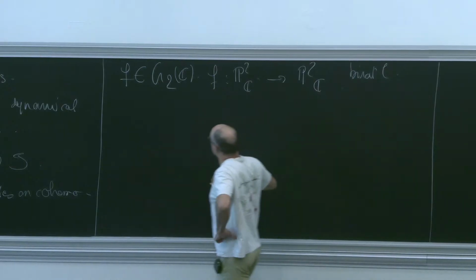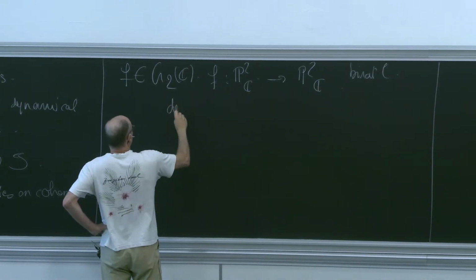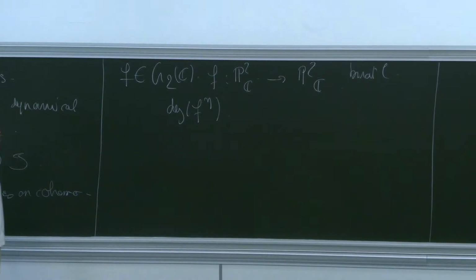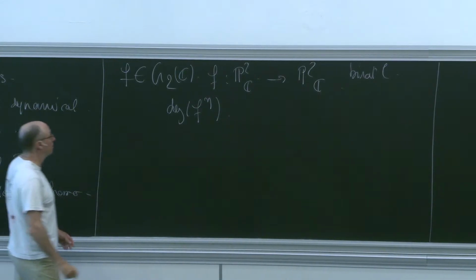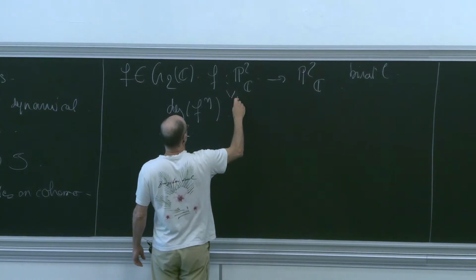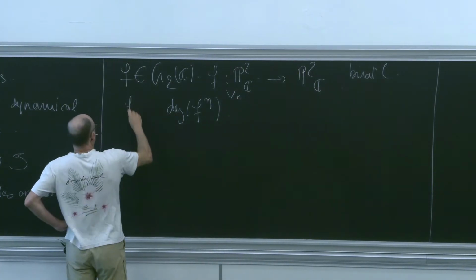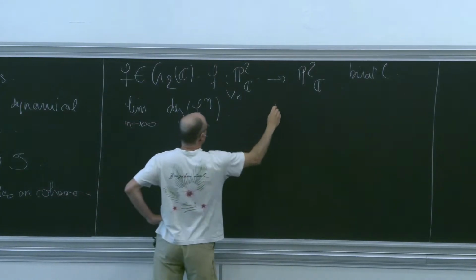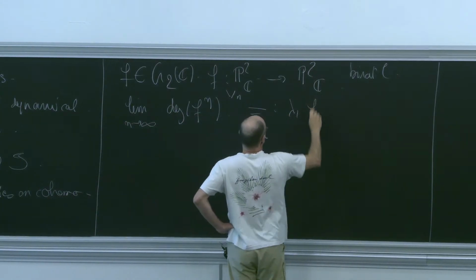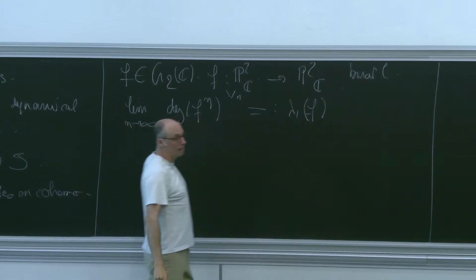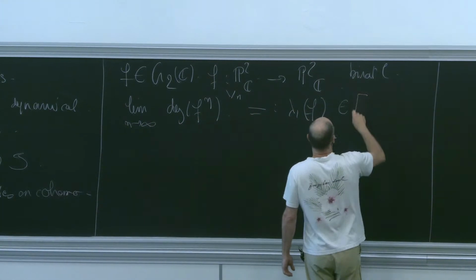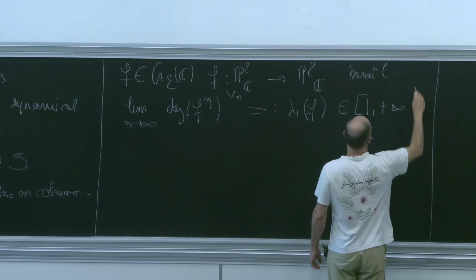I remember that you define the dynamical degree by looking at the degree of the iterates F^n. That was a submultiplicative sequence, so that the infimum of this is also a limit, which is the first dynamical degree of F. Okay, which is a number between 1 and plus infinity excluded.